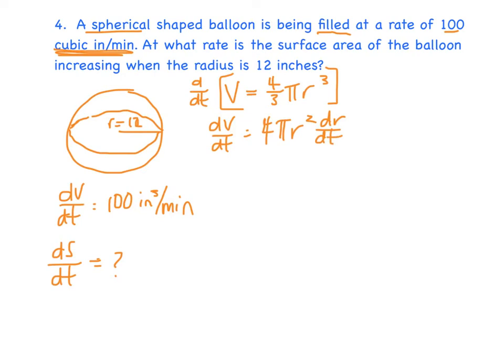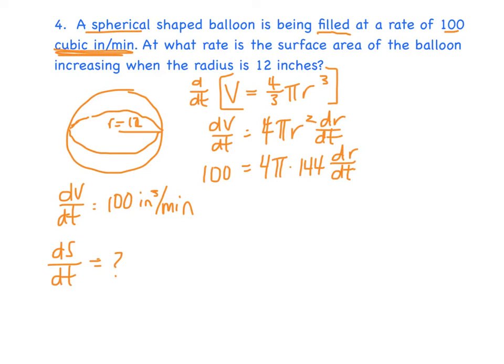So I'm going to fill in my dV/dt as 100. I'm going to fill in my radius as 12. So 4 pi, 12 squared would be 144, and then dr/dt. In fact, that's what I'm looking for. dr/dt is my unknown, and I'm going to need dr/dt to find the rate at which the surface area is increasing. So let's simplify this.